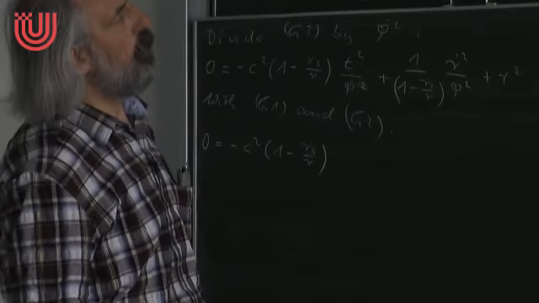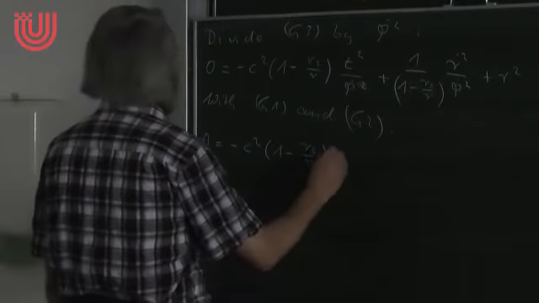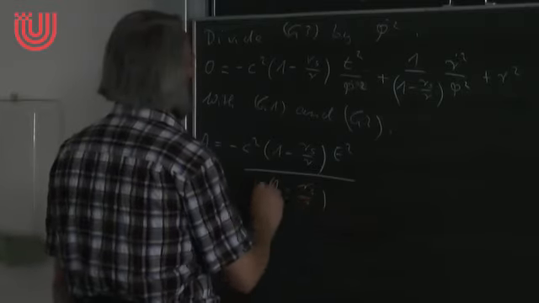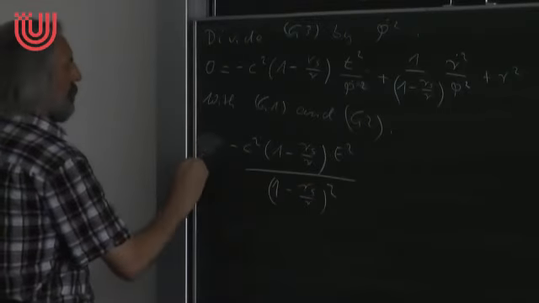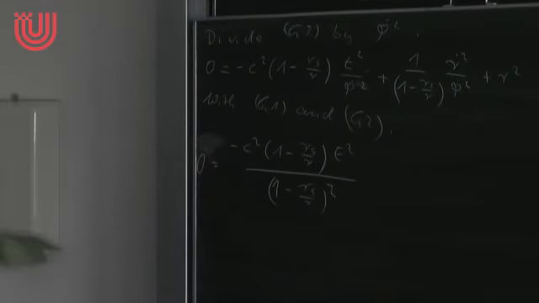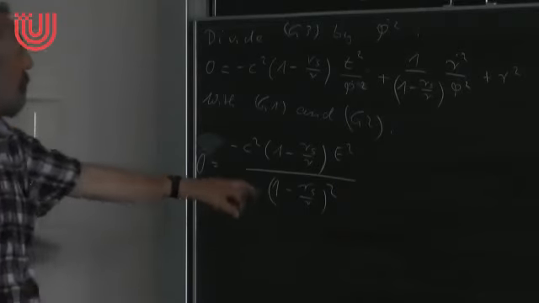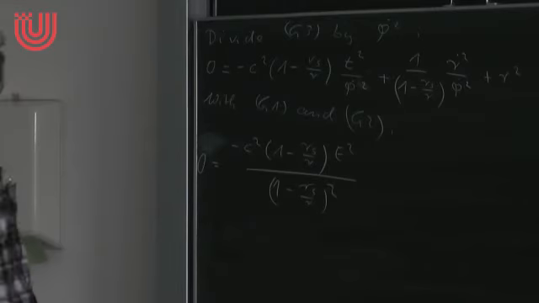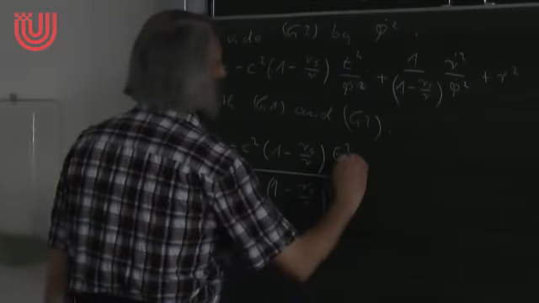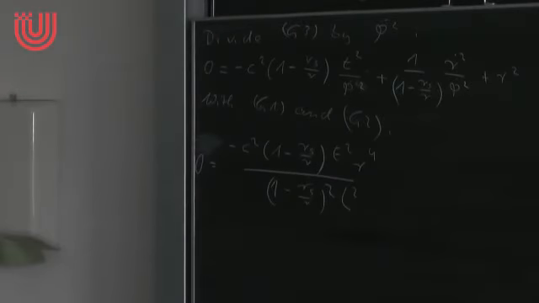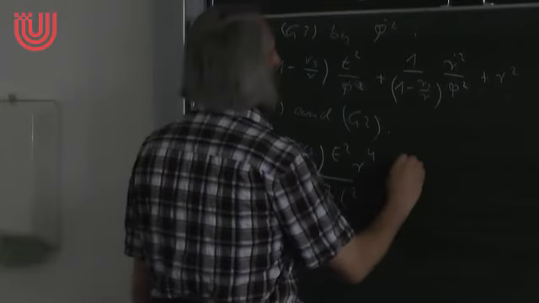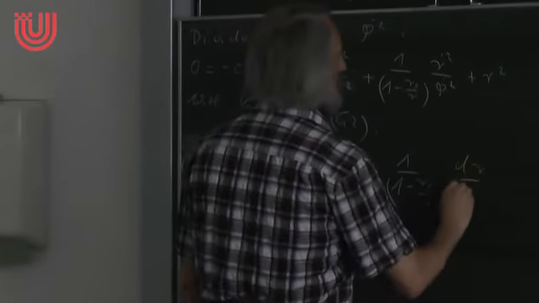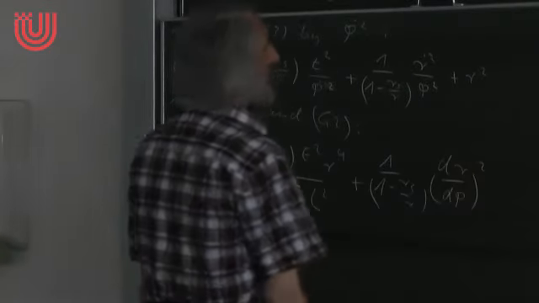That's e squared over (1 minus rs over r) squared. So I've inserted t dot squared, and then I need a phi dot squared in the denominator, and that's L squared over r to the 4. Then I have plus 1 over (1 minus rs over r), dr by d phi squared, plus r squared.